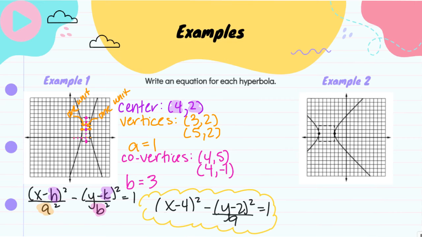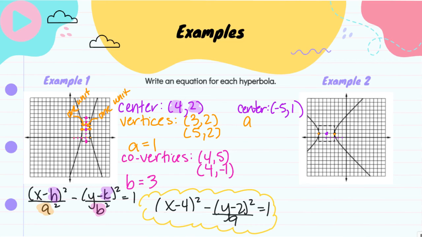Like we did before, we want to identify the center first. The center is going to be the point between the two vertices, which is at negative 1, 2, 3, 4, 5, and then positive 1. Now we want to find the vertices. The vertices are already marked here for us, and we can see that the vertices are 2 units away from the center.